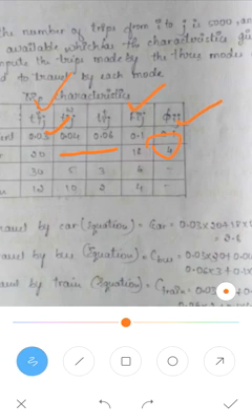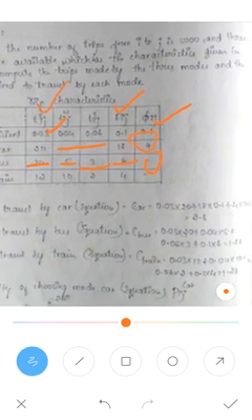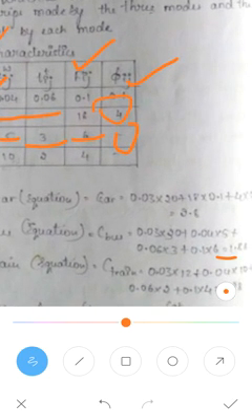Next, the bus. 30 into 0.003, 5 into 0.04, 3 into 0.006, 6 into 0.01, and the blank you take as 0 only. For this you will get the cost by bus as 1.8.